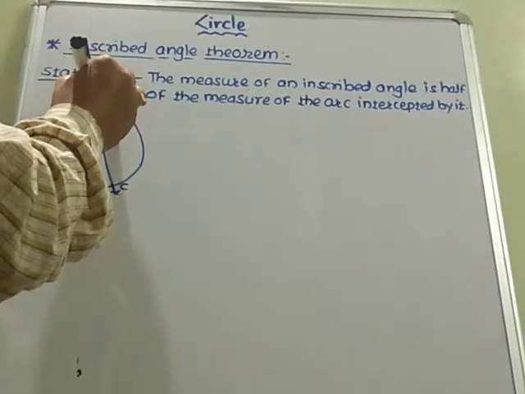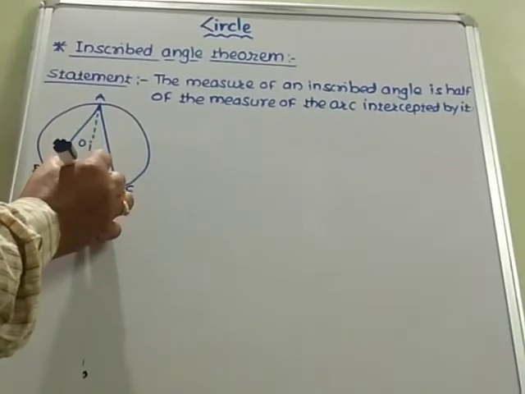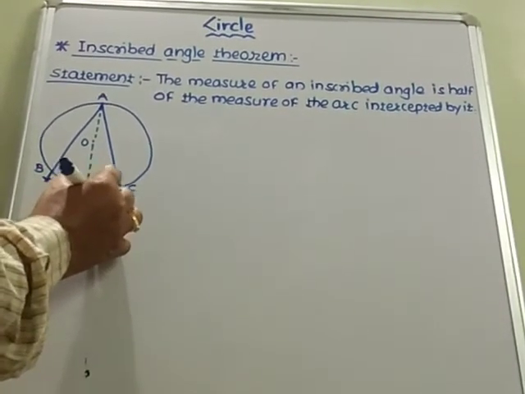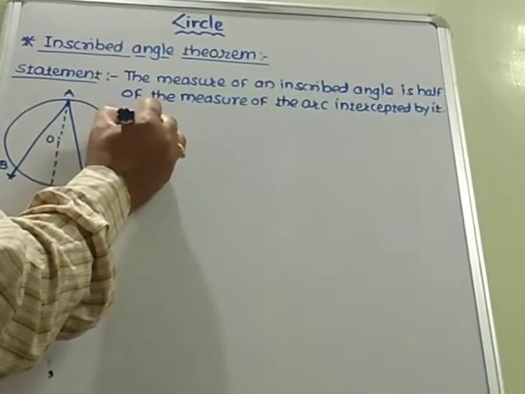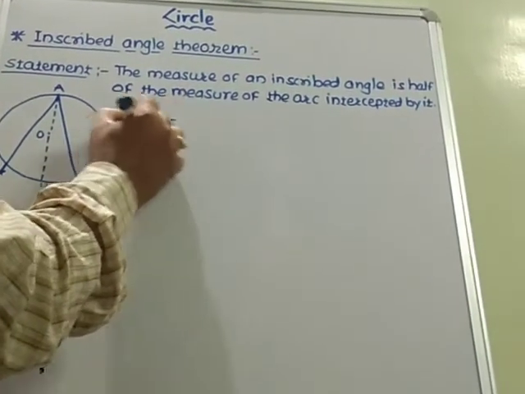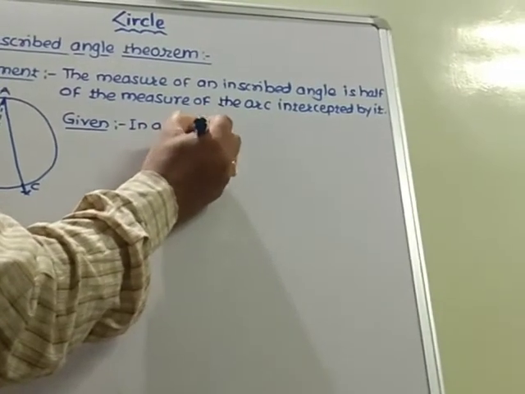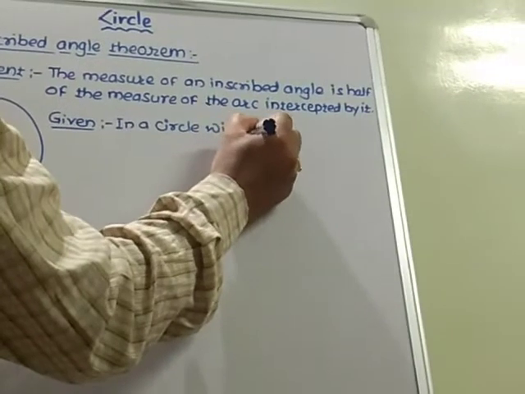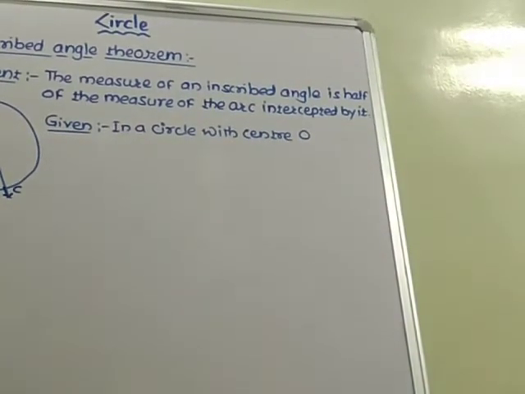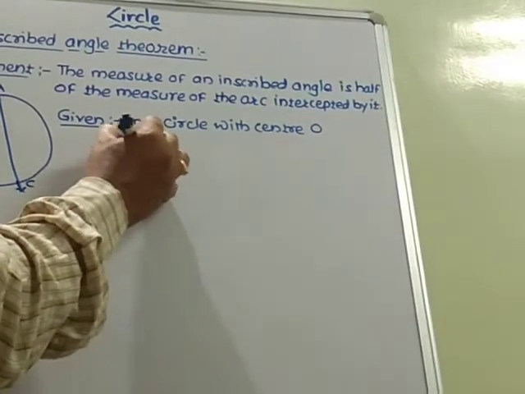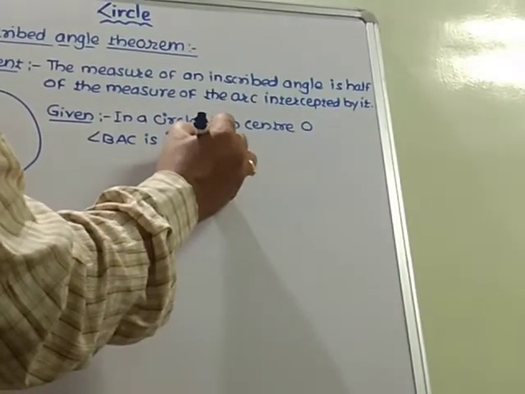What is given now? Given a circle with center O, angle BAC is inscribed.